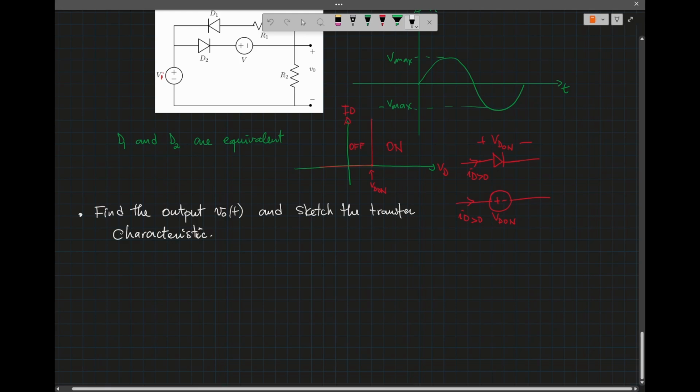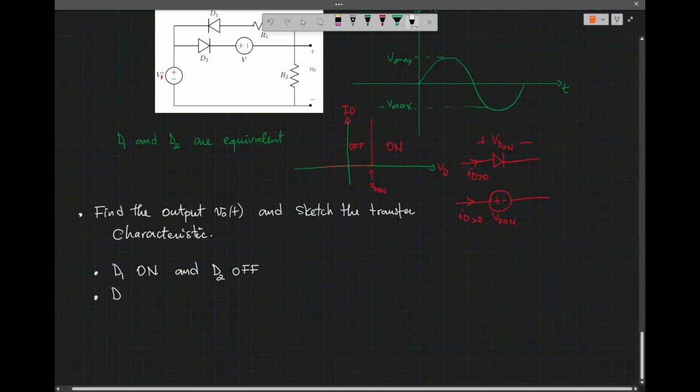Now, because we have two diodes, we are going to distinguish four cases. D1 on and D2 off.